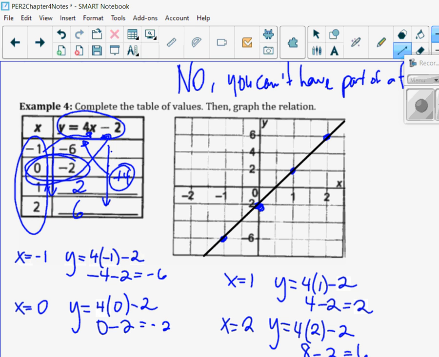So then we take a ruler and we indicate it's a line by putting arrows on it because it goes on forever. We've only done a small snapshot of this line by picking x values from -1 to 2, but we could be picking x is 100, but you wouldn't because it would be too hard to graph. But I'm just saying that it doesn't matter which x values you plot, just pick some in a row.